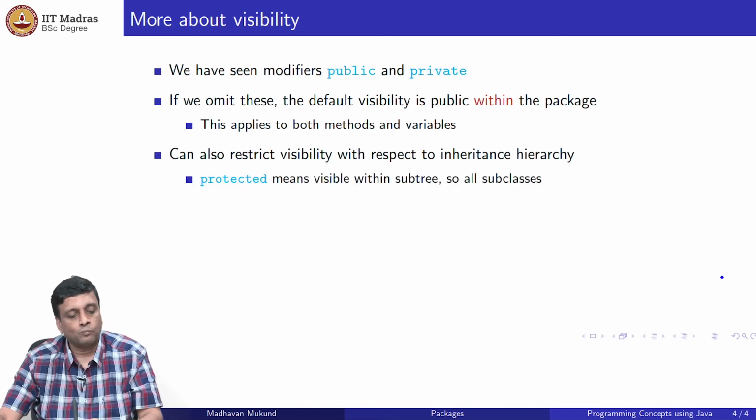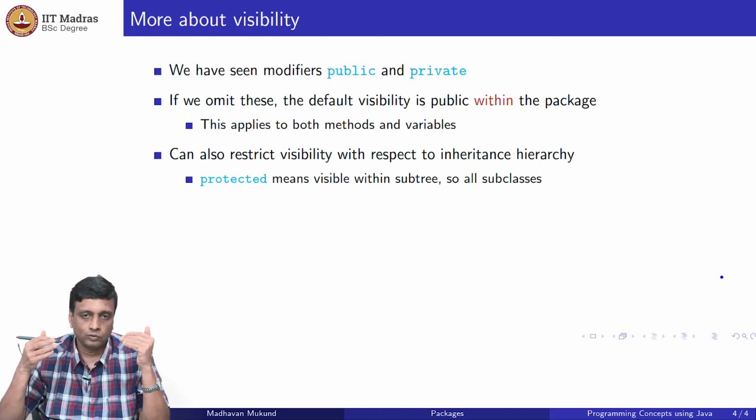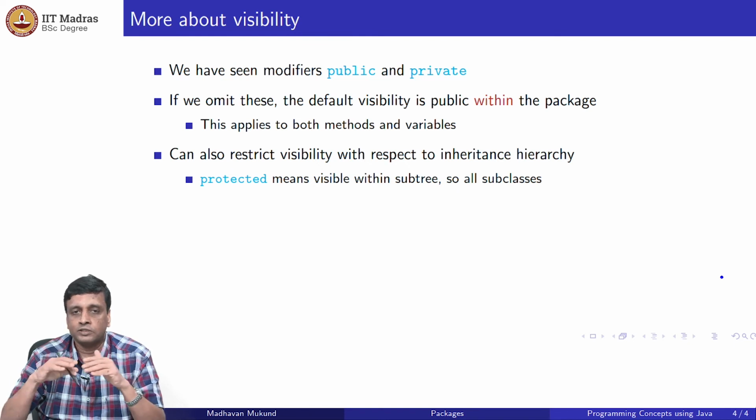So, this is something called protected, right. So, protected is an attribute which says that it is public to any subclass. It is public to this class of course because everything is public within a class. So, anything which explicitly extends this class can see this as public, and anything which does not extend this class, it is private.